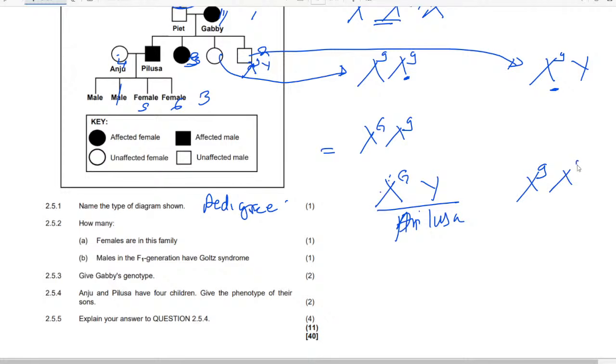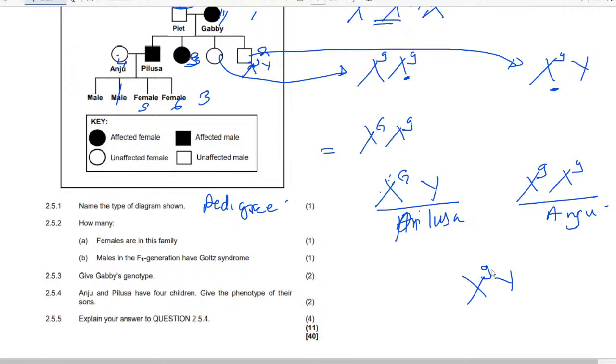Remember, it is recessive. So if they are looking for the sons, how are these sons going to be? Automatically the son is going to have this.